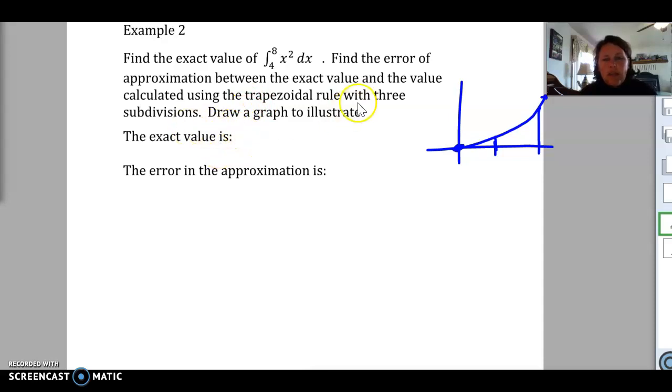Okay, and it says right here we are using 3 subdivisions.